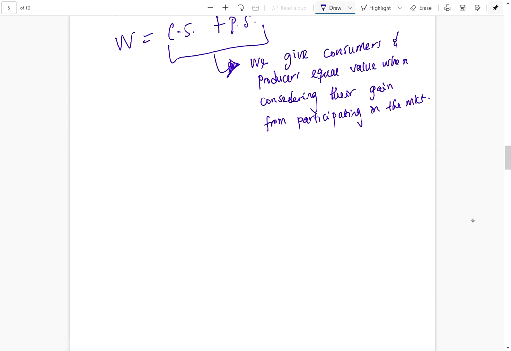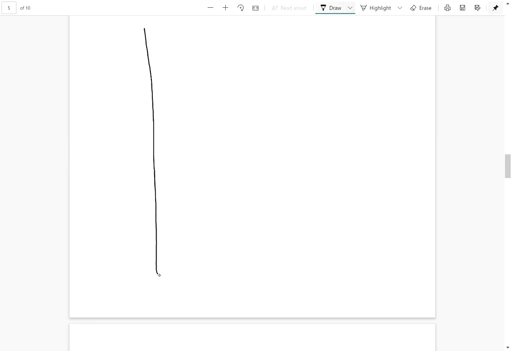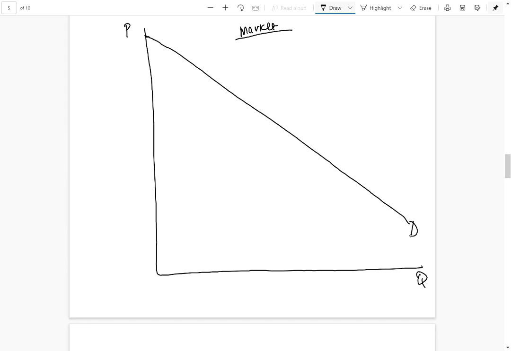All right. So let's draw this out. We have this market, P on the side and Q down here. We have some market, let's say market for jeans, and we have the demand curve, we have the supply curve, and this here is 50, this here is 0.